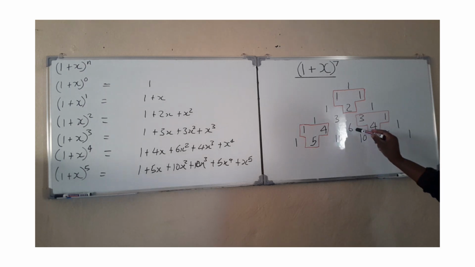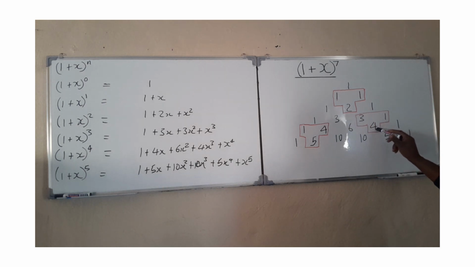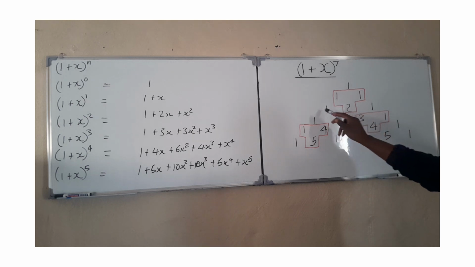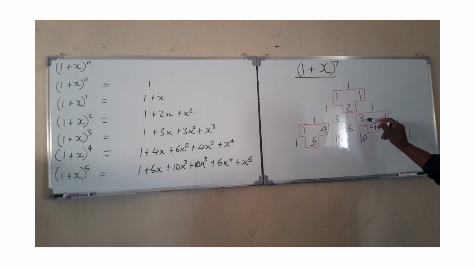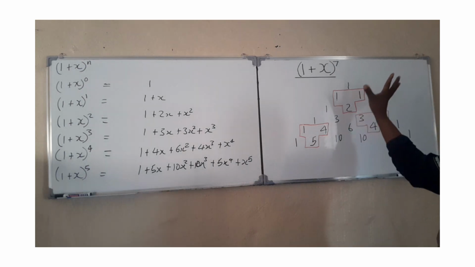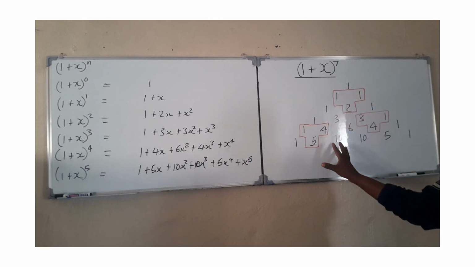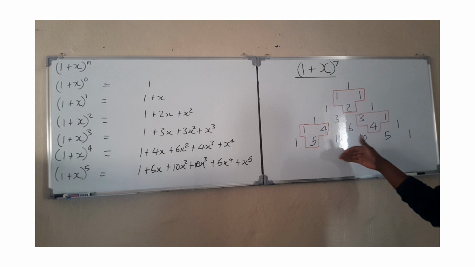This 10 also here is a 6 and a 4. This 5 here is a 4 and a 1. This 3 here is a 2 and a 1. This 3 here is a 2 and a 1 again. So it looks like once you have got the terms above, you can actually determine what is below.